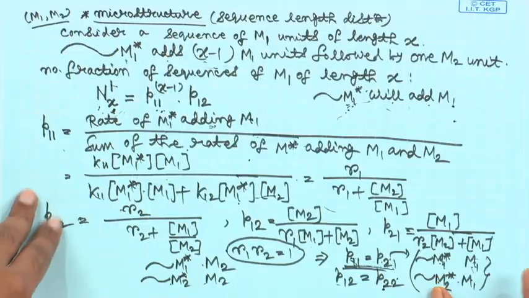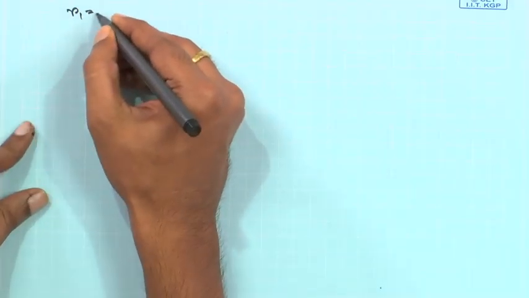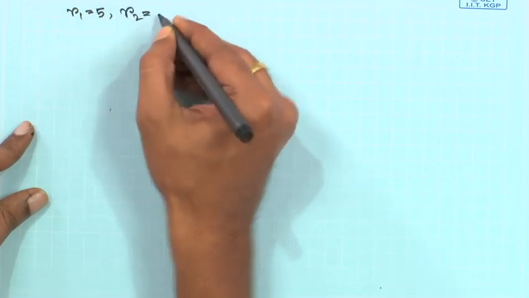You have more M1, less M2, and then they will be in random arrangement. Okay. So, that is the situation then. Now, let us try to work out some problems related to this. Say for example, you have R1 equals 5, R2 equals 0.2.